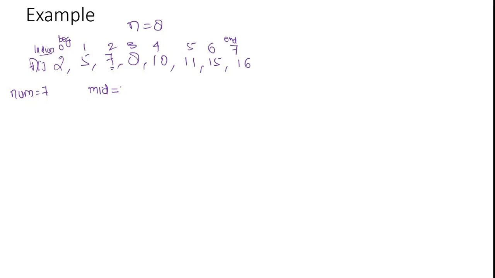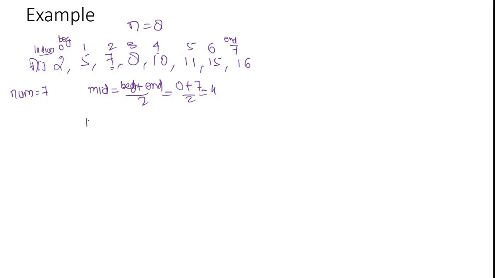So we will find the mid by taking the average, beginning plus end divided by 2. So this will be 0 plus 7 by 2, which is equal to 4. So this is the fourth element.